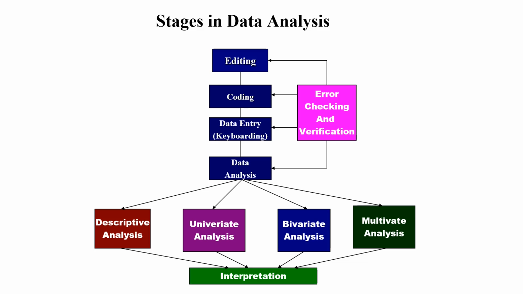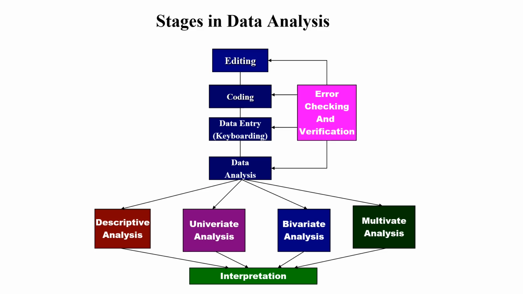Once we go for descriptive analysis, we come up with a frequency table where mean, median, mode, variance, skewness, kurtosis, quartile deviation, range and percentile will be there. Then univariate analysis, bivariate analysis, multivariate analysis. After we do this analysis, we will go for interpreting the data.